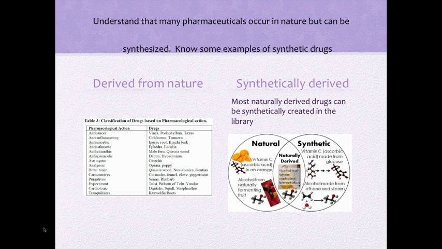We know that opium can be made to use heroin, an addictive drug, but in nature it is an analgesic. There are many drugs that can be derived from nature.